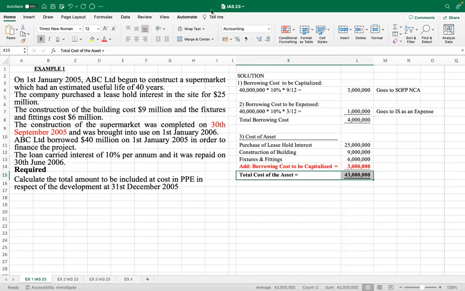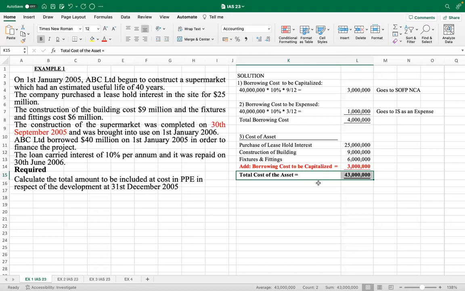Let me again once more look at questions. Earlier, why do we only focus on interest while during payments we will pay principal plus interest? Earlier, principal, you know how to account for it. The principal amount goes to the balance sheet as a non-current liability.